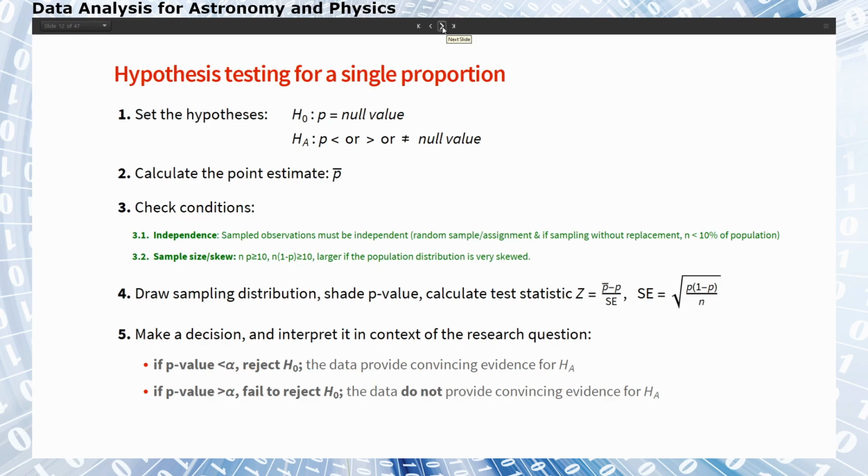HA is then that P is smaller, larger, or not equal to the null value. We then calculate the point estimate, p bar, and test the conditions. Then we draw the sampling distribution, compute the p-value from the calculated test statistic, and then we make a decision.